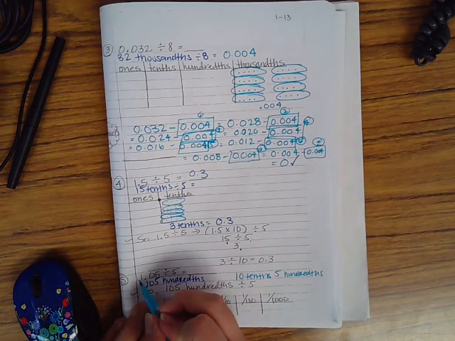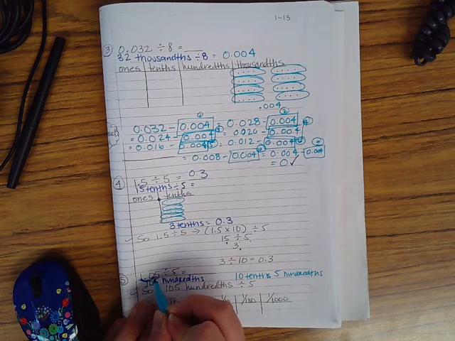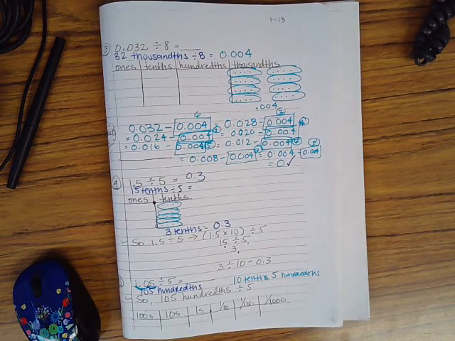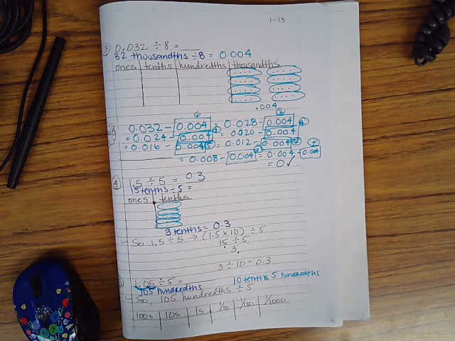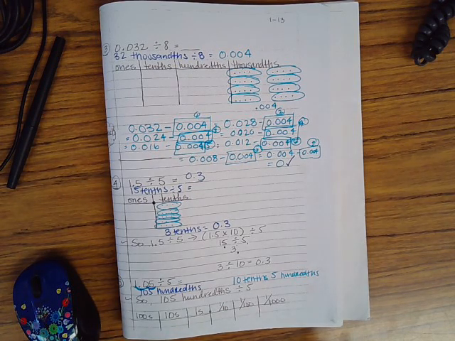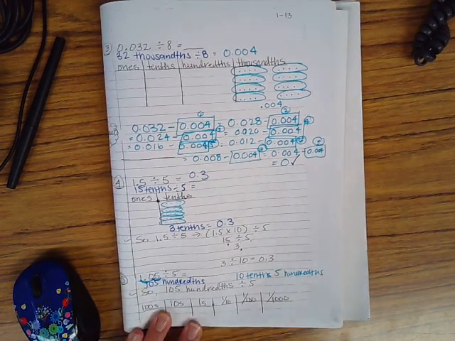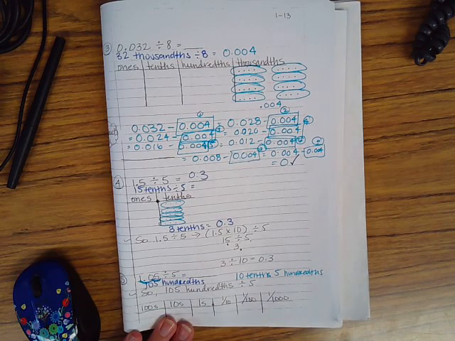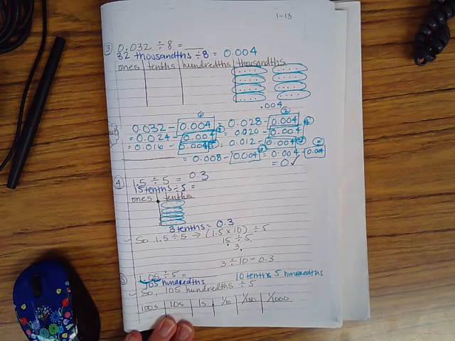Yeah, because look, 10 tenths and 5 hundredths. Okay, so this might be easier to divide because they're multiples of 5. You all can divide 10 tenths divided by 5, right? You can divide 5 hundredths divided by 5. Easy peasy, right?